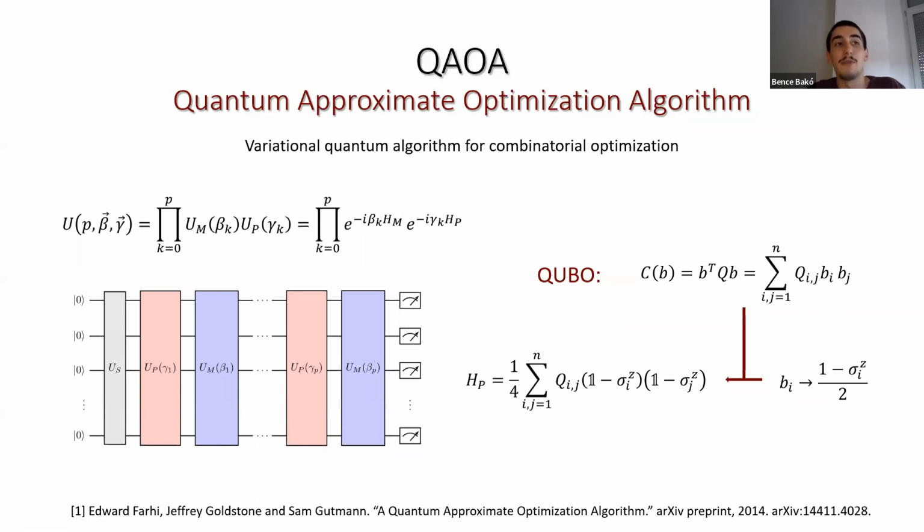So usually we have two-local Ising Hamiltonians. Now I will show you certain improvements or new variations of this algorithm, and in the meantime I will try to introduce some quality measures which we should consider when designing such an algorithm.